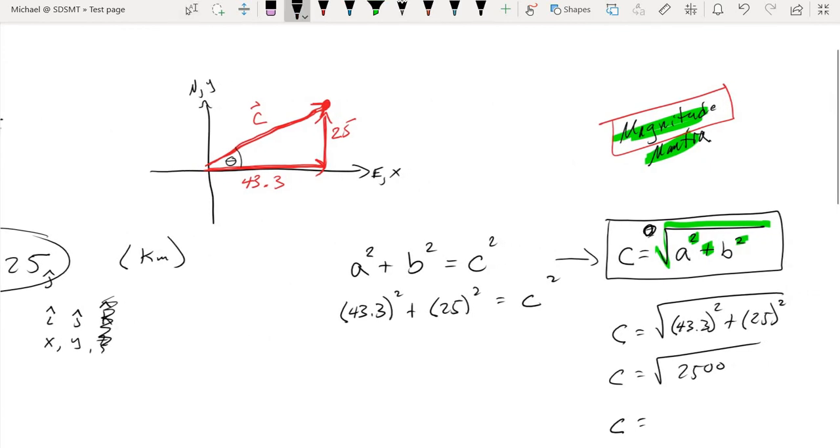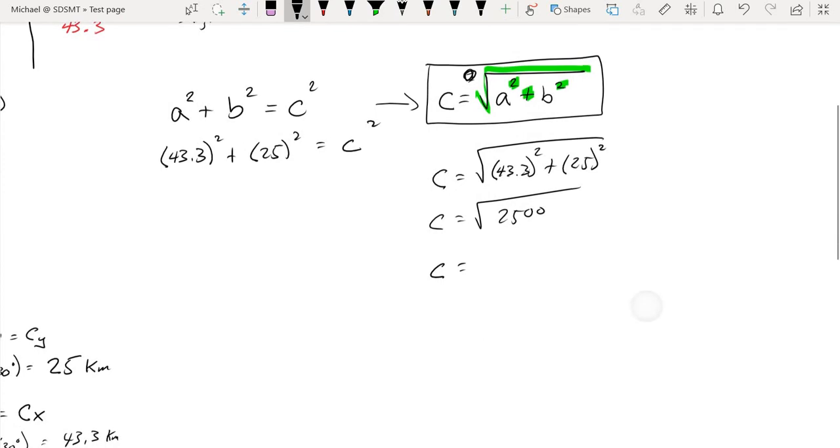So we're just going to take the positive value. Square root of our answer is going to give us approximately, oh, look at that, 49.99889.